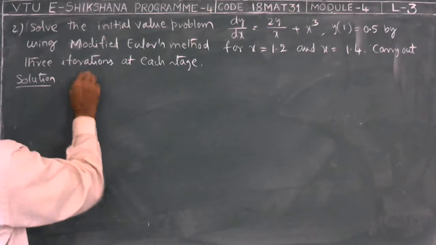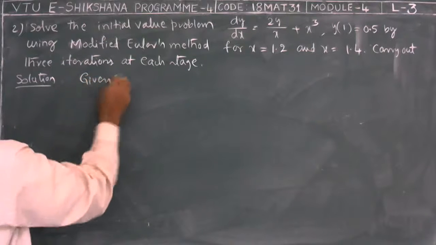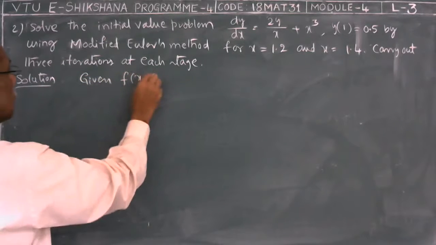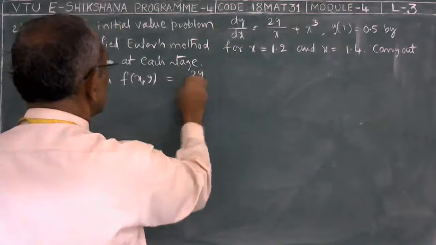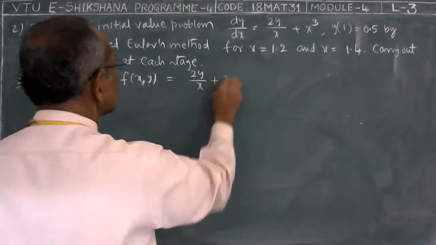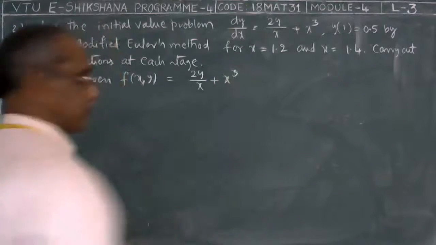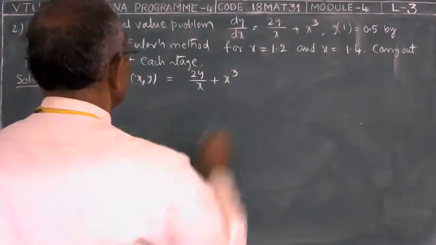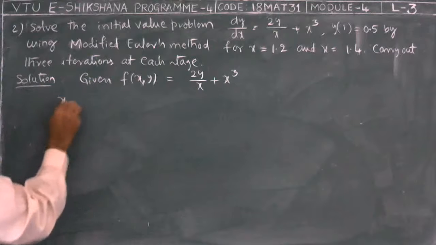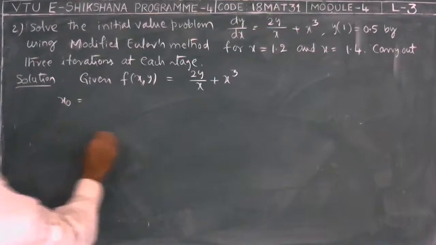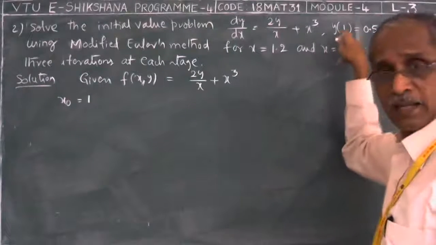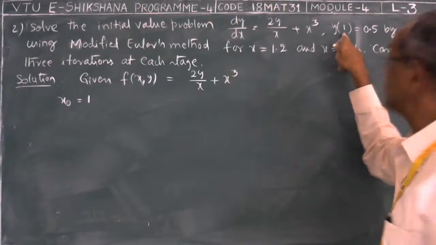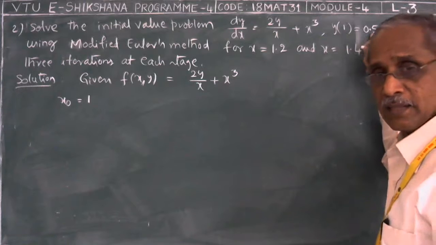So given f of x comma y is equal to 2 into y divided by x plus x cube. The value of x naught is 1, the number written in this open bracket is x naught, and this is your y naught.